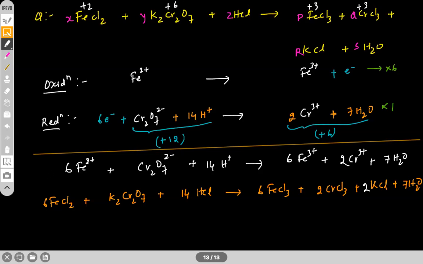You will come till this point, till this equation where we have 14H+. Now the entire equation here, you can convert into basic medium by doing one change. That change is the number of H+ that you are getting here, equal number of OH- you add both sides, reactant side and product side.